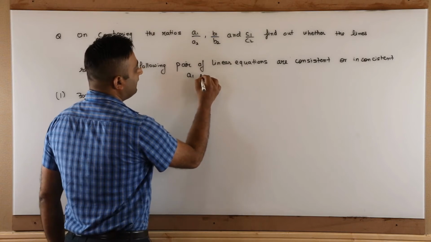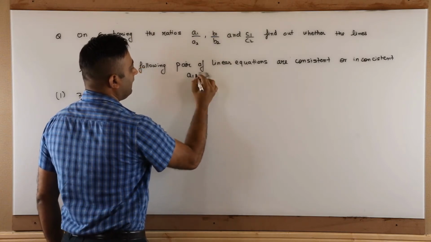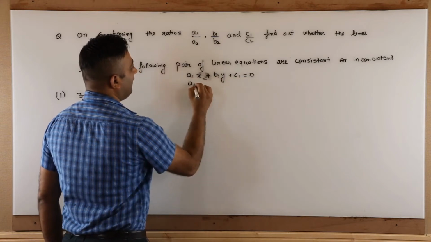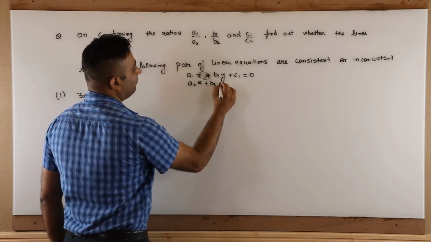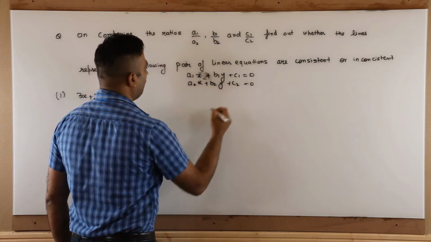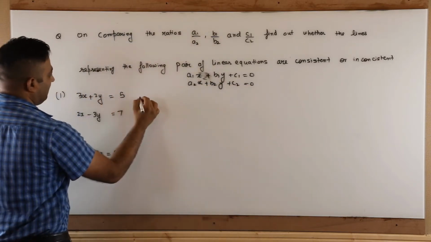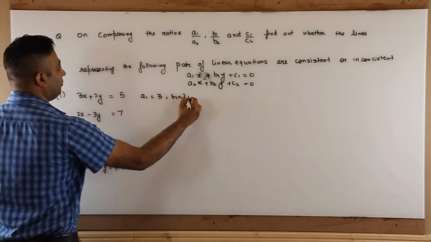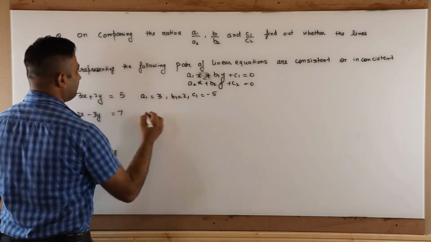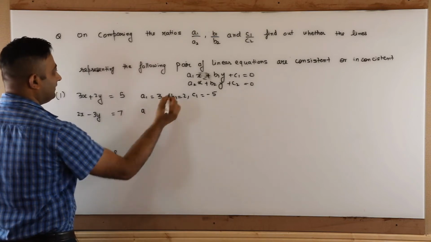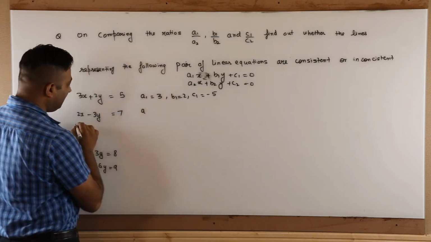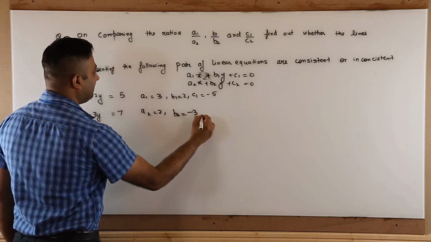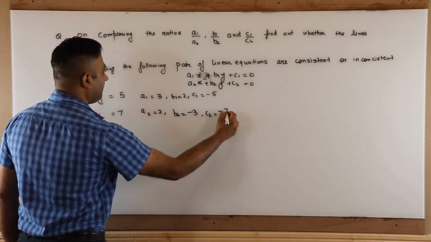When we compare the pairs with A1x plus B1y plus C1 equal to 0 and A2x plus B2y plus C2 equal to 0, we get that A1 is equal to 3, B1 is equal to 2 and C1 is equal to -5. And when we compare with the second linear equation, A2 is equal to 2, B2 is equal to -3 and C2 is equal to -7.